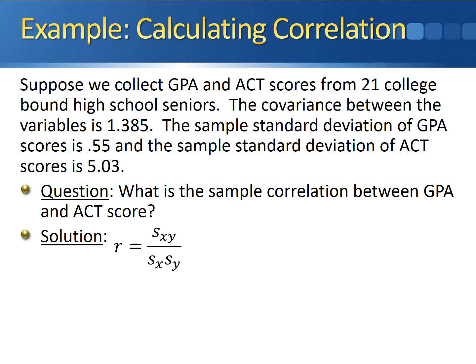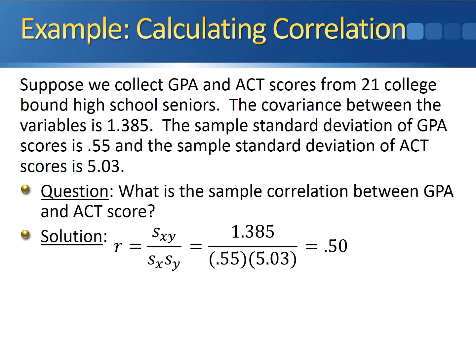The sample correlation is the covariance divided by the product of the individual standard deviations. This gives us 1.385 divided by the quantity 0.55 times 5.03. This works out to 0.5.